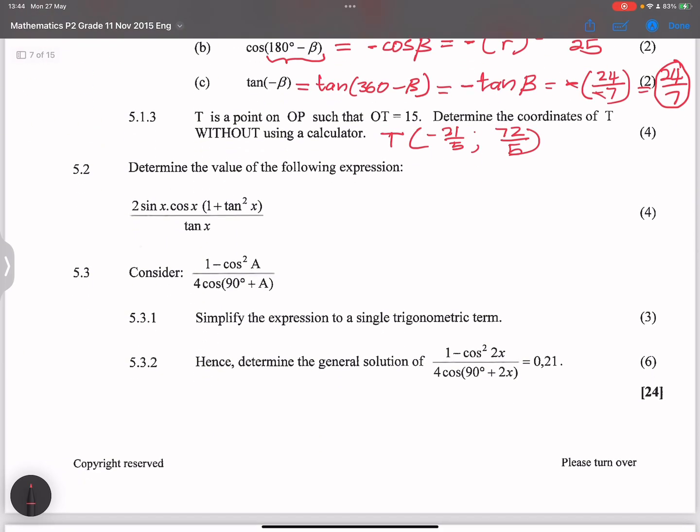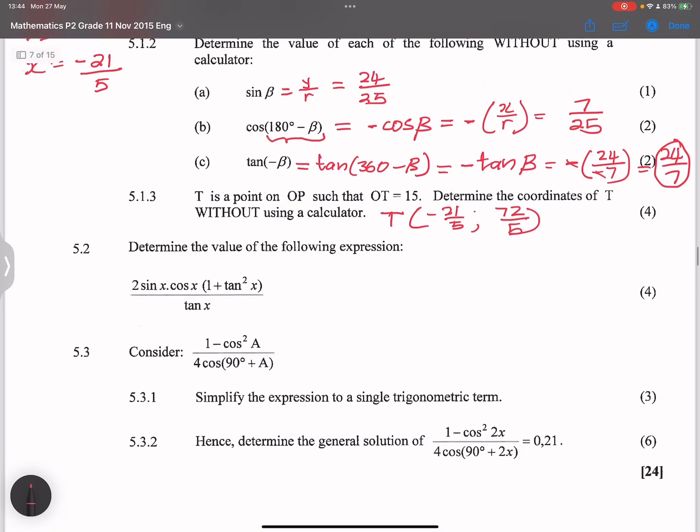Now the next one, they say to us, determine the value of the following expression. So we're going to simplify that. Now the first thing that we always do, ladies and gents, is that you always try to express in terms of cos and sine.